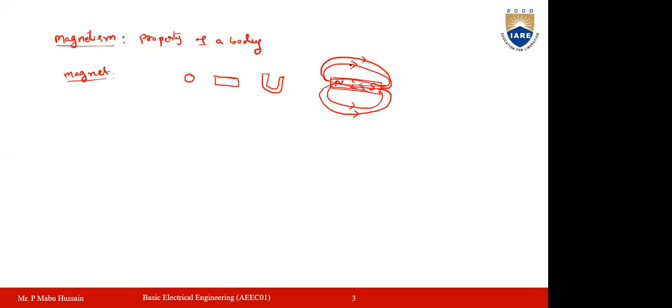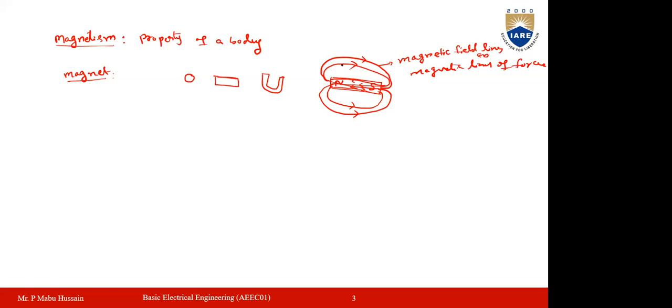Outside, the direction of magnetic fields will always be from north to south. You can also call these magnetic lines as magnetic field lines or magnetic lines of force. You can use either term.